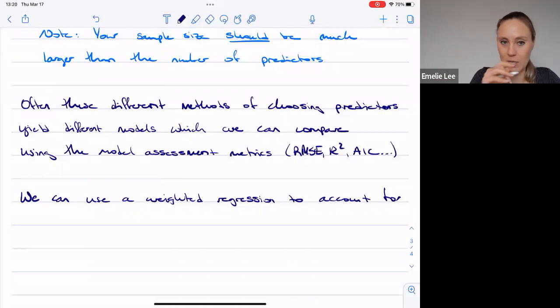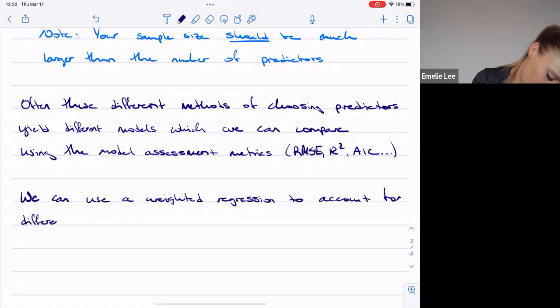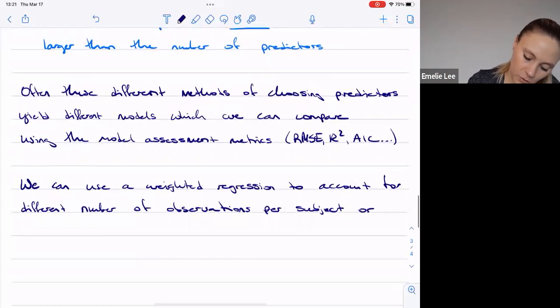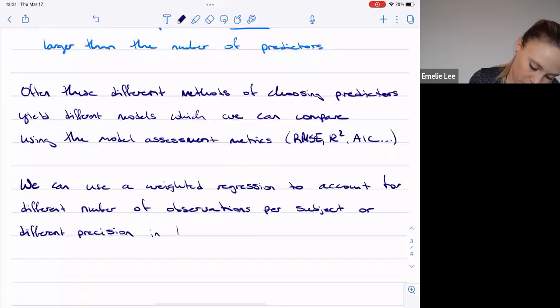And so you can use a weighted regression to account for a different number of observations per subject, or different precision in the measurements.